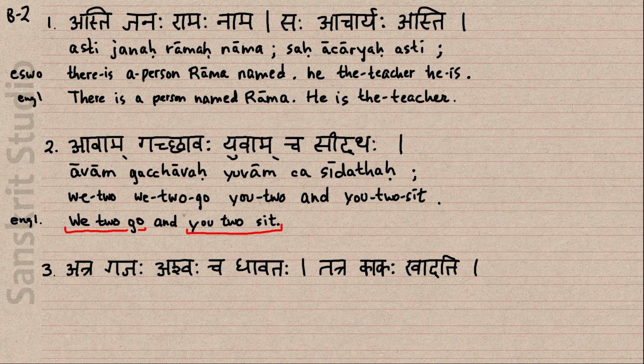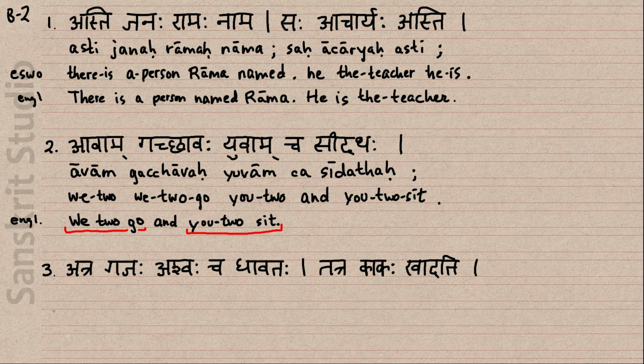So the temptation would be to put the and after you, but we have to remember that we actually have a hyphen there, so the and has to go after you two, which represents yuvam, so it has to be yuvam cha sidata. Okay, so that's the virtue of keeping the hyphens together as long as possible, so that we can do these regroupings of the conjunctions and disjunctions, etc.